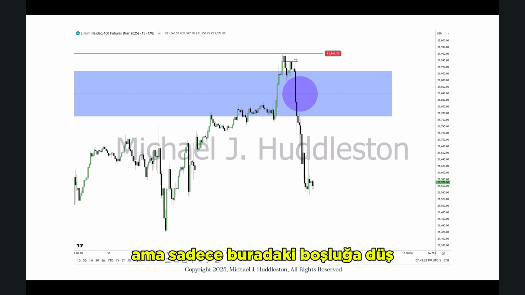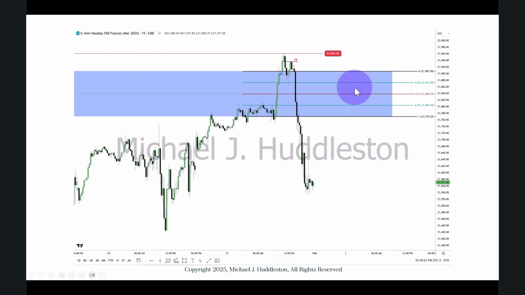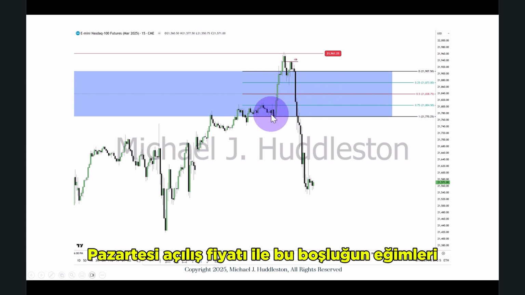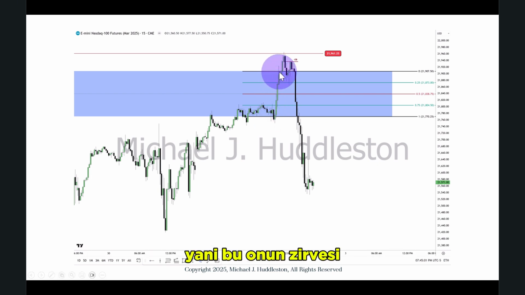But just drop into this gap here and I'll show you some more information, but I'll come back to Matt in a moment. Separations in here are gradients of that gap between Monday's opening price and Friday's closing price. So this is the high of it. This is the upper quadrant.